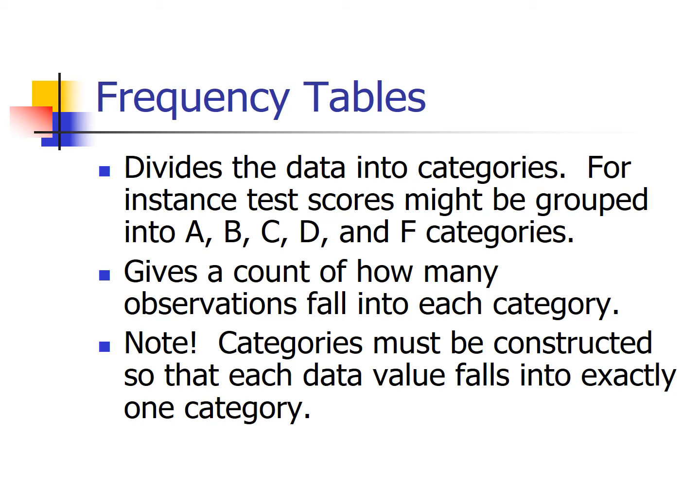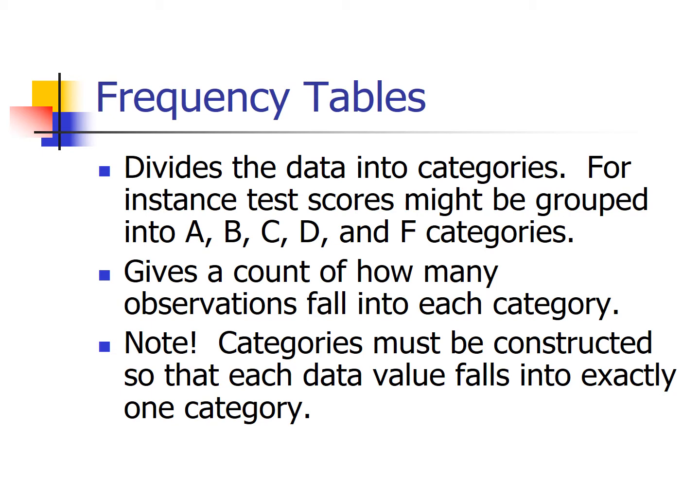A frequency table essentially takes our non-categorical data and breaks it into artificial categories. So for example, actual test scores are numeric. You often get a score, say 1 to 100. Now, we tend to conceptualize our test scores as categories.